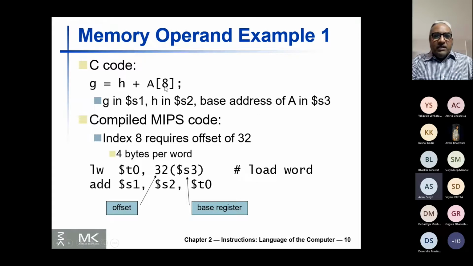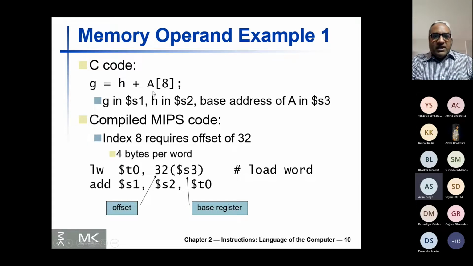The way it will be performed: we know that in A of 8, A is the array name, which represents the starting address of the array, and 8 indicates the location of the particular value. It is in the 8th location, because the array starts from 0, 1, 2, 3, and so on.